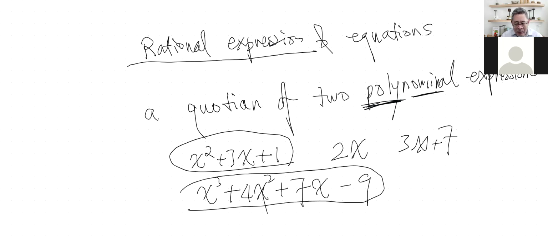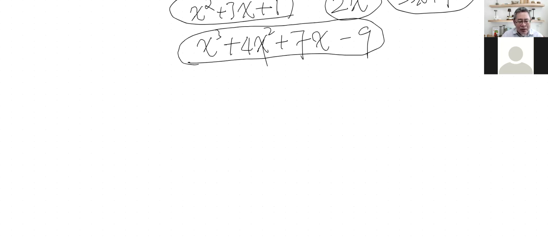And so therefore, a rational expression is something like this: x plus 7 over x minus 1. That's a rational expression because it's a quotient. That means there's a division of two polynomial expressions.